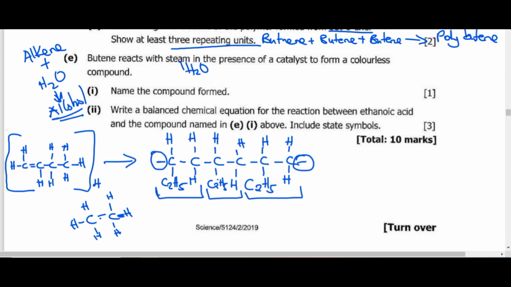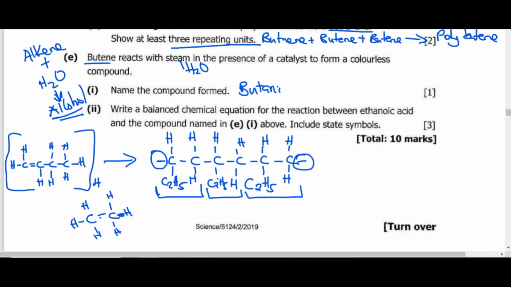So in this case, what type of alcohol was produced if butane reacted with water? We're going to say that is butanol, which was produced.